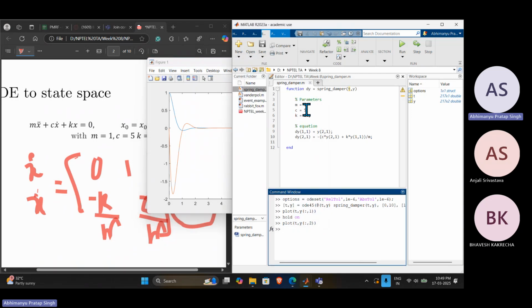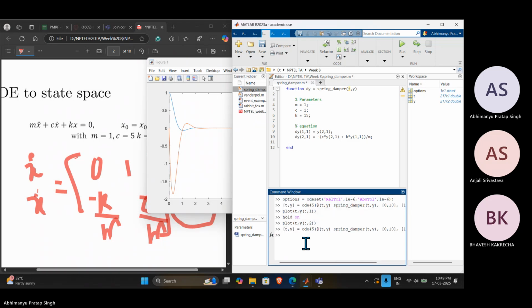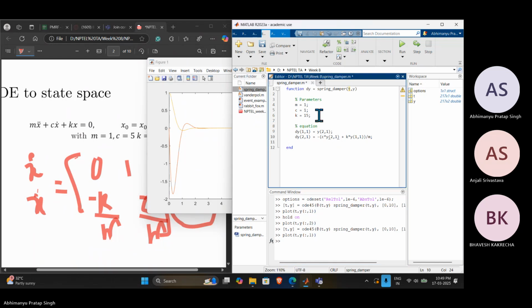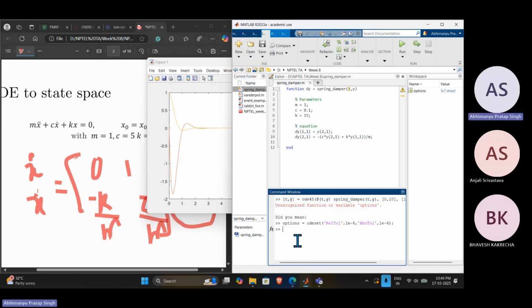If we decrease the damping a little bit, then, oh sorry, options, I had cleared everything.